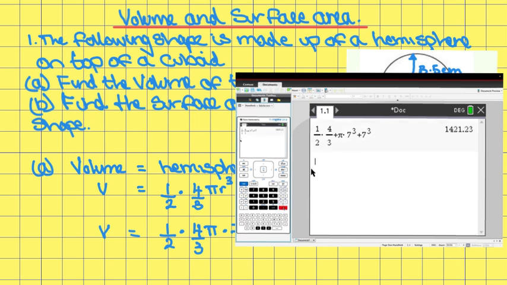Press enter, and the final answer is 1421.2 cubic centimeters. So we'll write down the volume: the volume is equal to 1421.2 centimeters cubed.